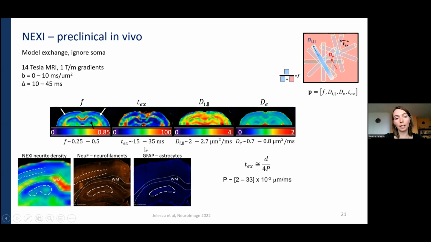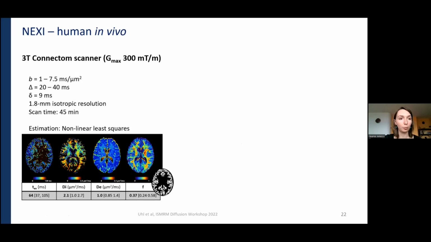And the exchange time that we get for the cell membrane, so 15 to 35 milliseconds, if we convert it to permeability, we also get estimates that are quite consistent with previous literature references for cell membrane permeability. And finally, very briefly, because I'm out of time, we've now taken NEXI to humans in vivo. So of course, first on a connectome scanner in Cardiff, this is always the stepping stone because we're using the stronger gradients. And we do get very nice parametric maps of NEXI in the human gray matter, especially this cortical ribbon here.